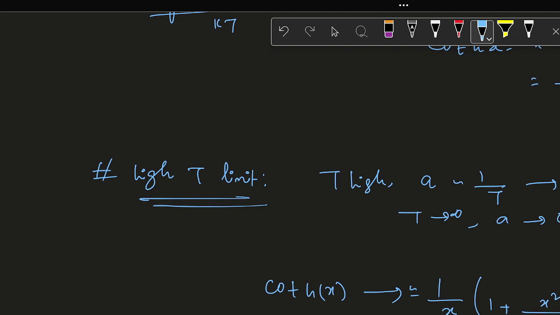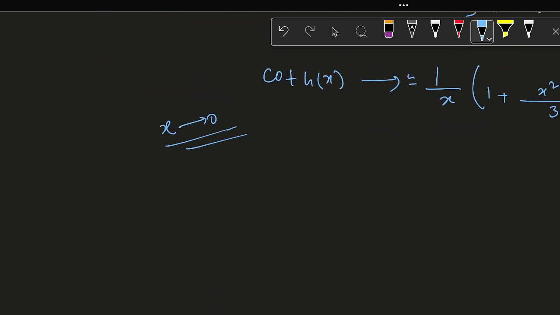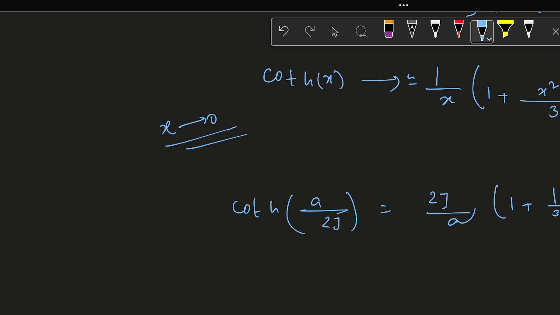Under this simplification, we rearrange the terms: coth of a by 2j under this expansion is just 2j by a, this is your 1 by x, times 1 plus 1/3 a squared by 4j squared. Here x is just a by 2j.